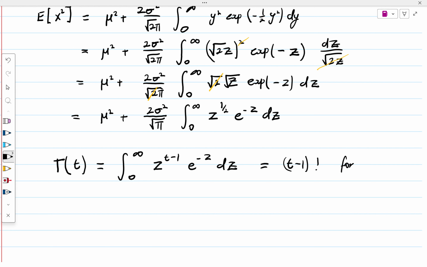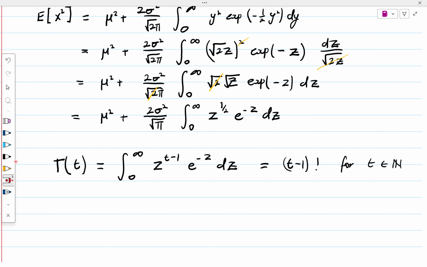Now this is good because would you look at what we have here? This expression up the top is looking awfully like the gamma function. In fact, it looks exactly like the gamma function, except instead of a t minus 1, I have a half.